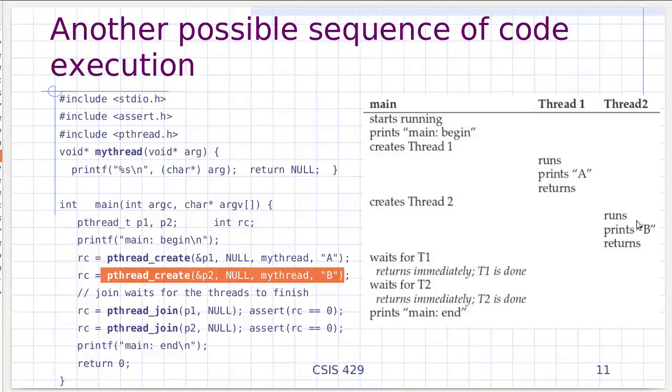And then thread 2 starts up and finishes, even before you start waiting for T1, and then you return from thread 1, you wait for T2, and then thread 2 is done.